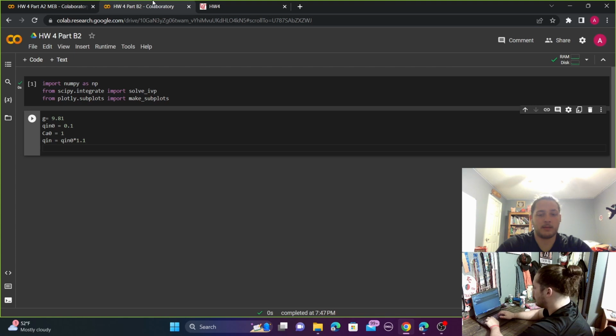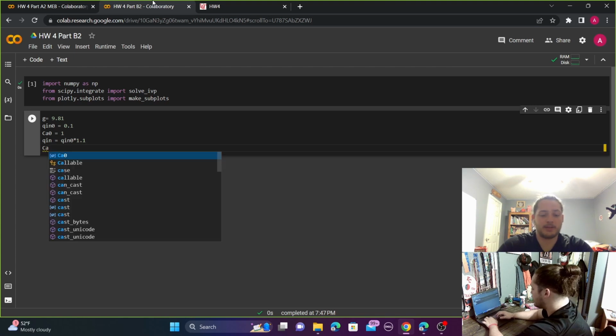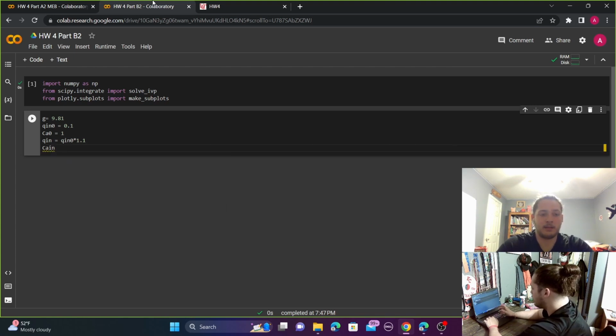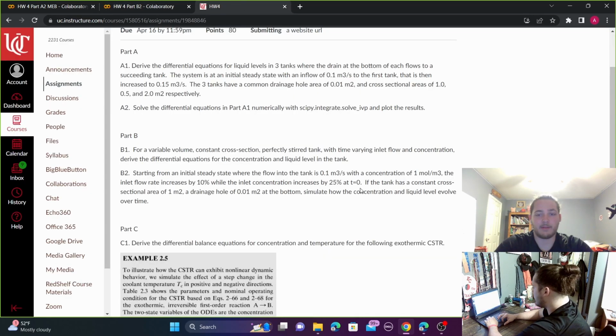And we can label our Can as our Ca naught times 1.25 for our extra 25% at t equals 0.